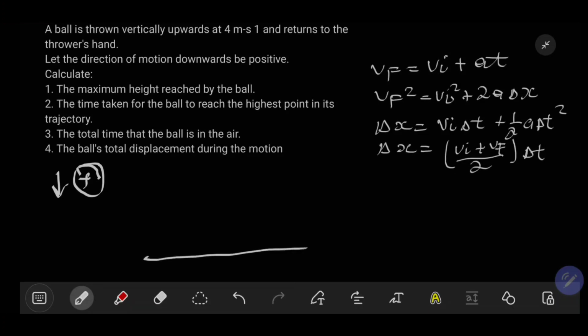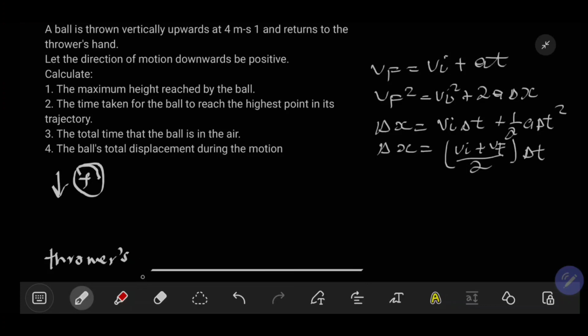So let's say this is the thrower's hand. All right, so the thrower throws the ball vertically upward.